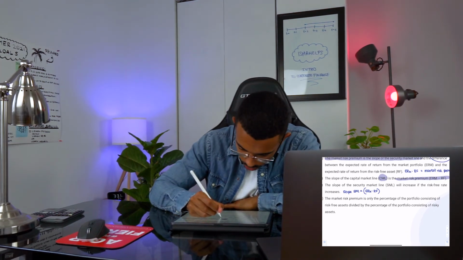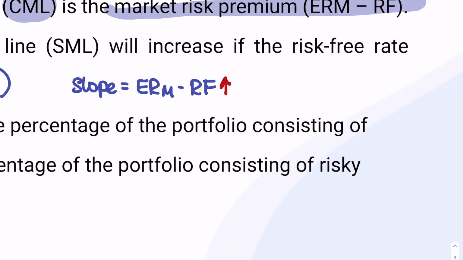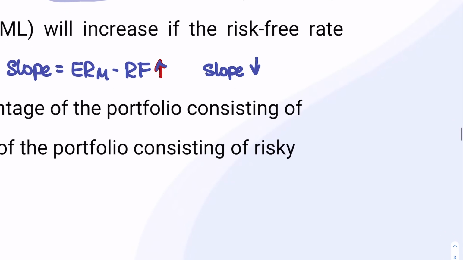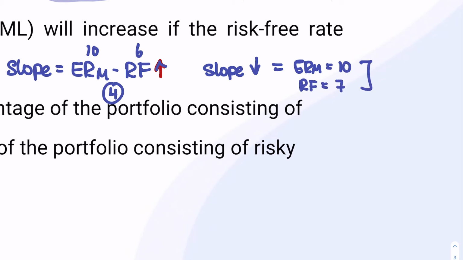So we have our slope. We know that RF becomes bigger. Therefore, our slope will actually be smaller, because as our RF gets bigger, our slope gets smaller. We could take arbitrary numbers if you want. If ERM was 10 and RF was 6, that would give us a slope of 4. But now if ERM is the same at 10 and RF is now 7, we see clearly that our slope will be equal to 10 minus 7, which is 3.